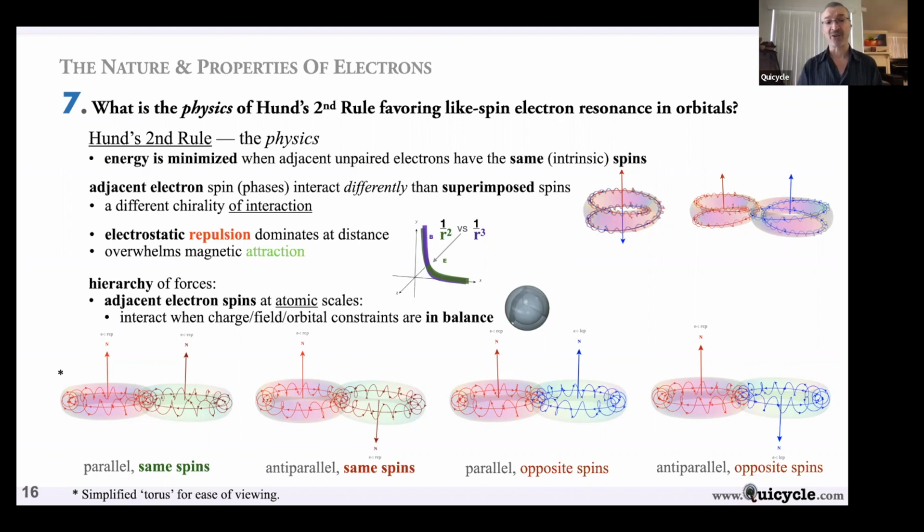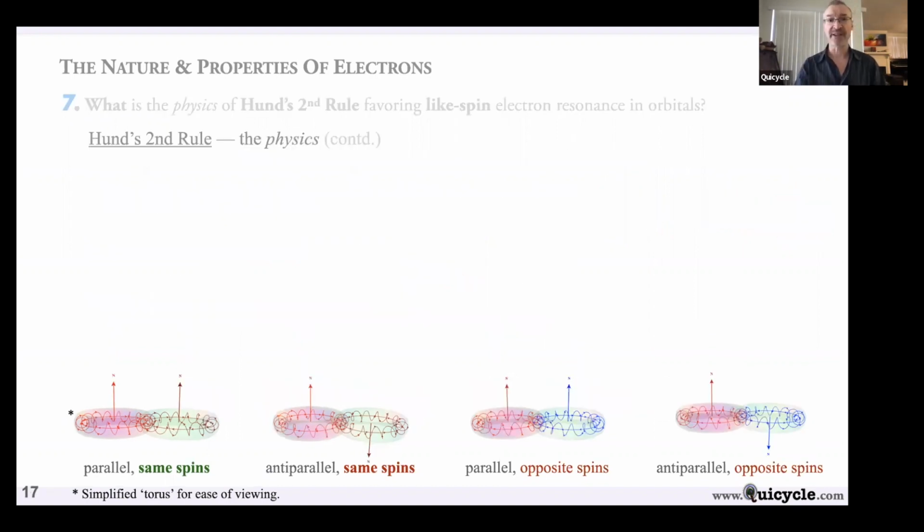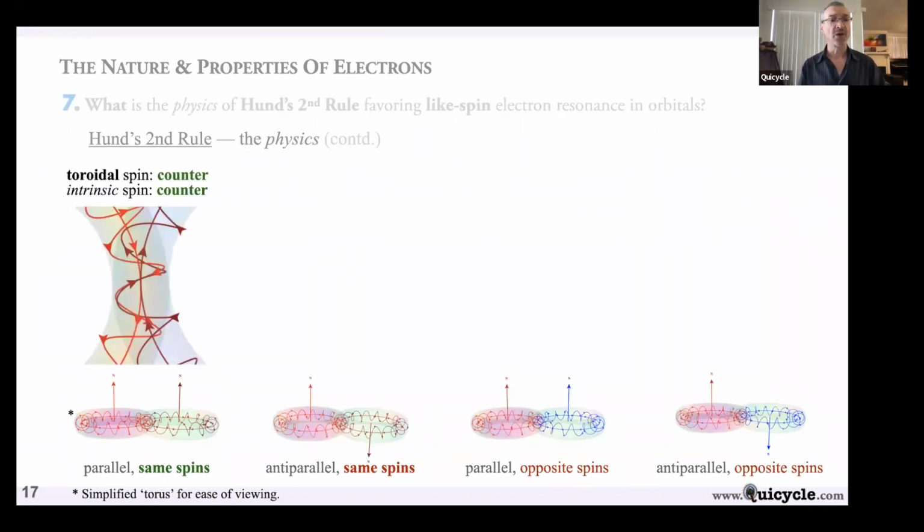Now, I've already color-coded these so you can see what's coming in terms of which will be the most energetically favorable state. It's hard to see on these diagrams, but on the next slide, we're going to zoom in and it'll become a lot clearer. So let's take the first case. When the magnetic alignments are parallel and the spins are the same, we can see that the toroidal spins are counter-rotating as they move past one another, as well as the intrinsic spins are counter-rotating as they move through each other.